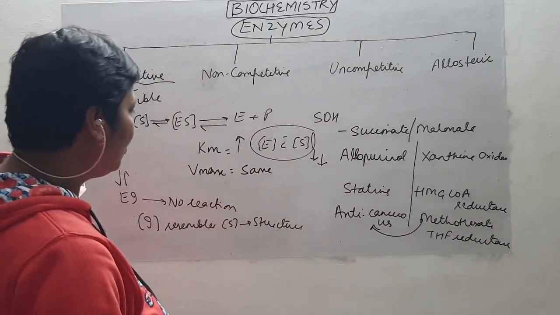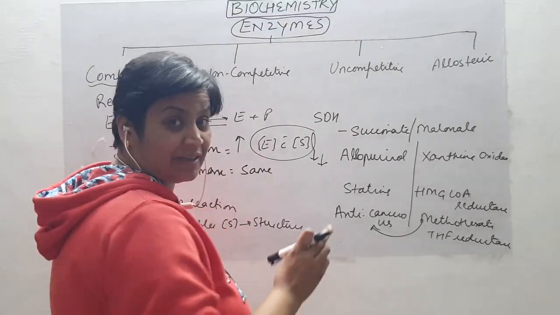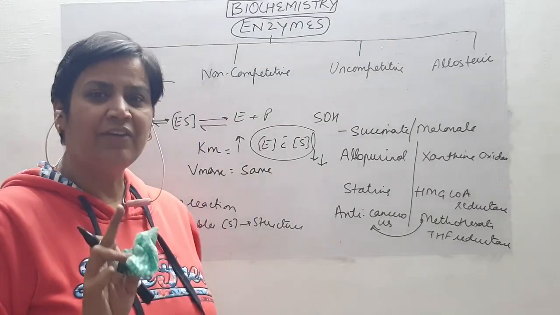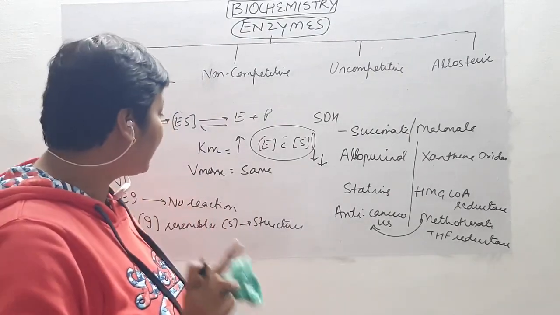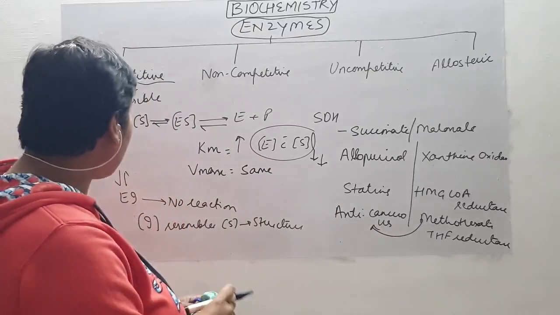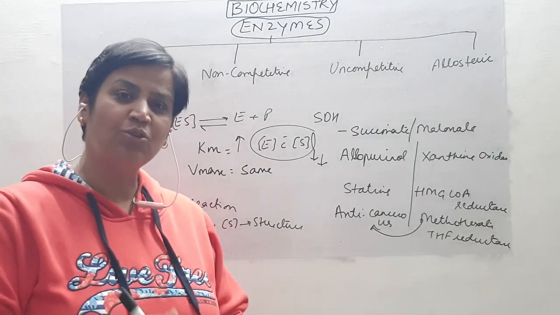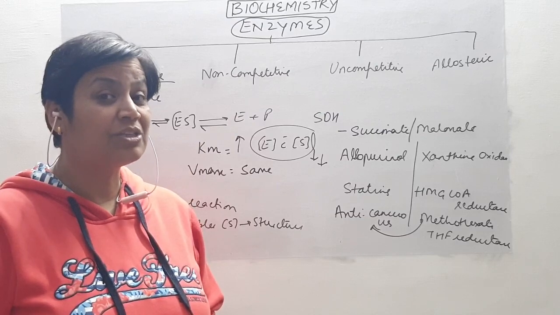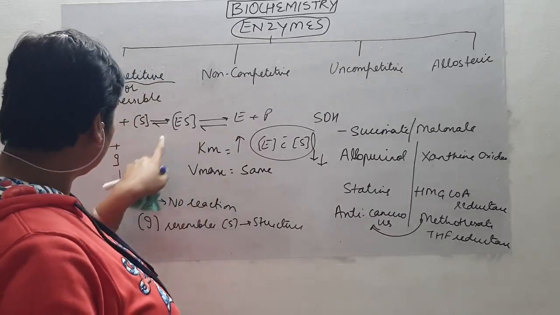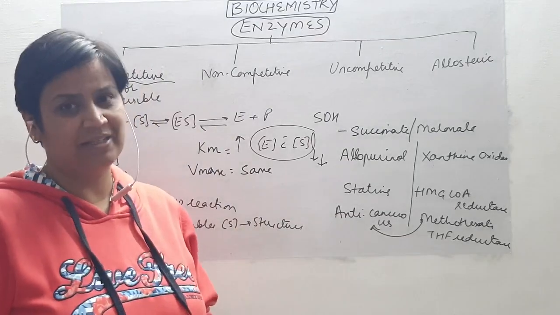I hope it is clear. So we can say that in competitive inhibition, Km will increase, but Vmax will remain the same. And competitive inhibition is also known as reversible inhibition because if we increase the concentration of the substrate, we can reverse this reaction.